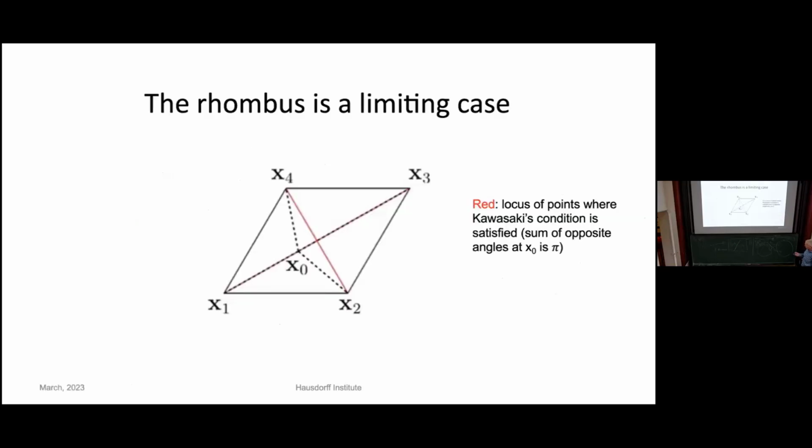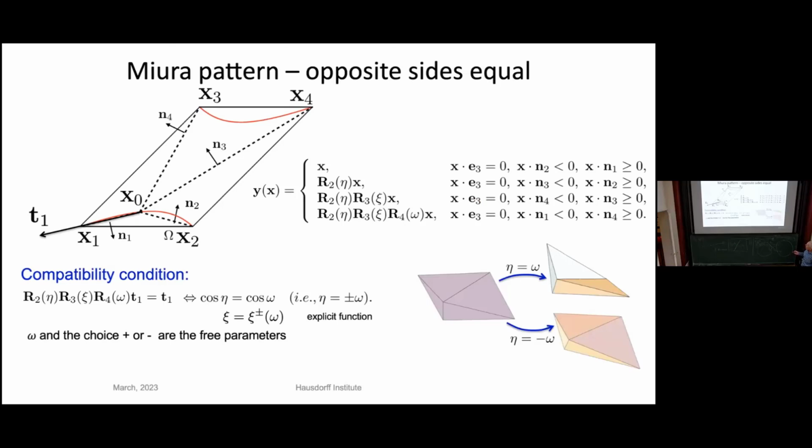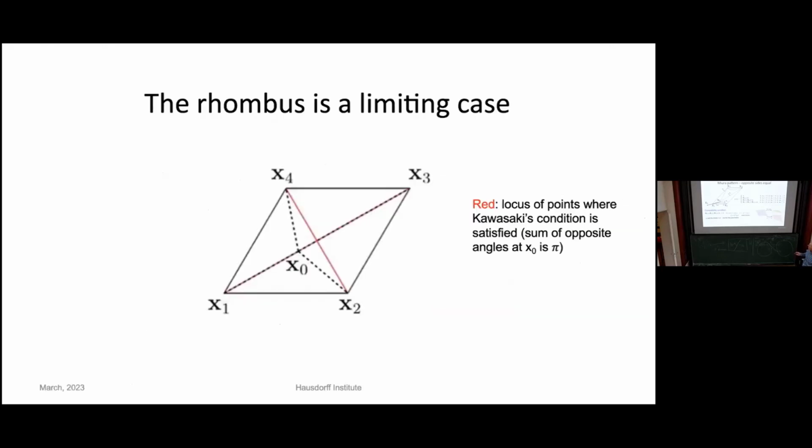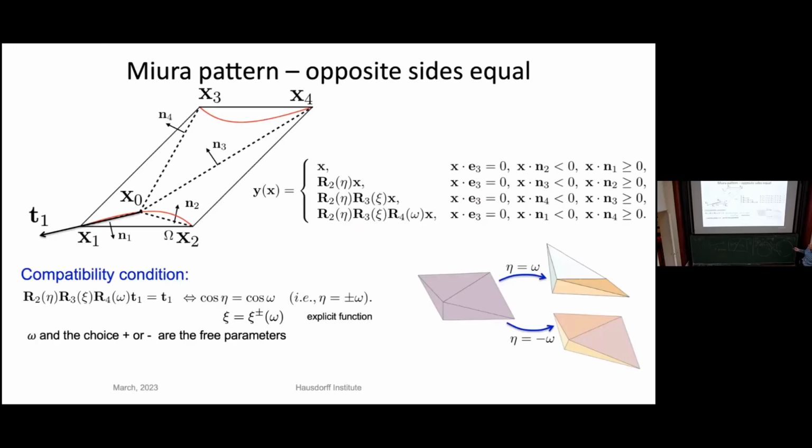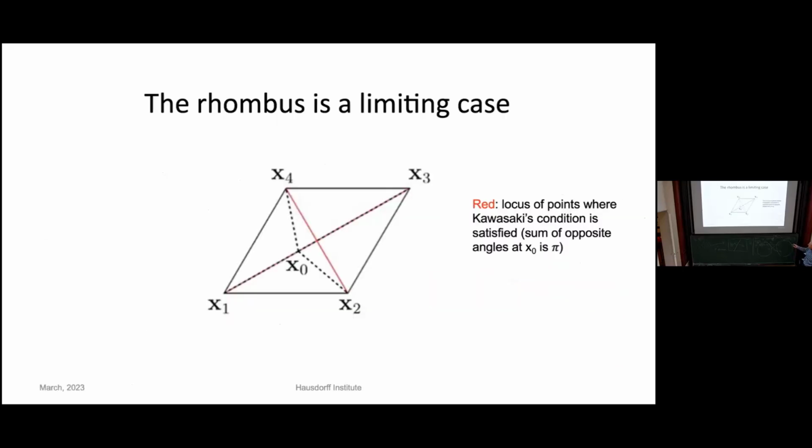Okay, so that's what I did in this. Just so you know, if you're familiar with the classic Miura foldings, that would be the case of a rhombus. You notice this doesn't look right, but these two curves degenerate into lines in the case of a rhombus, and then x0 can lie on those two lines, and you can see the sum of opposite angles is pi just by looking at it.